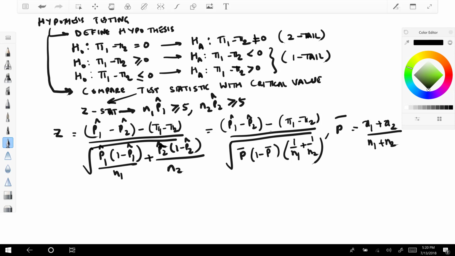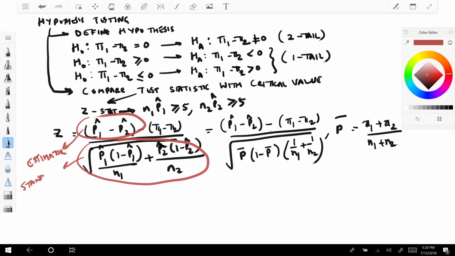So again we know this is an estimator. This whole thing is the standard error or the standard deviation of the difference of the proportion. This is the hypothesized difference.